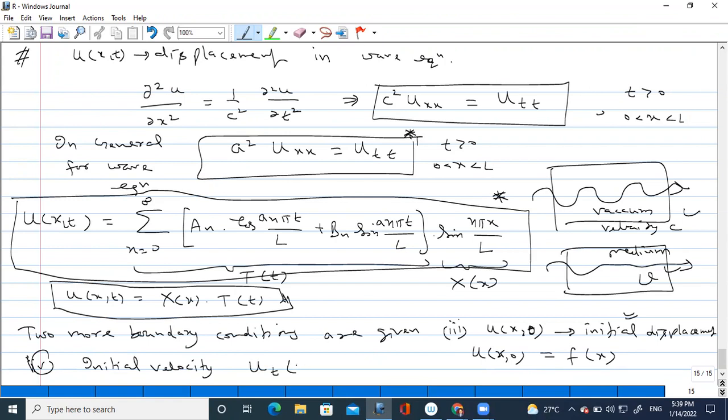So del u by del t is u_t. u_t(x,0) will be equal to another function of x, because we are getting it from differentiation, that will be g(x). So it is initial velocity. You must understand here that u_t is del u by del t. For that I am writing u_t. So note this down.